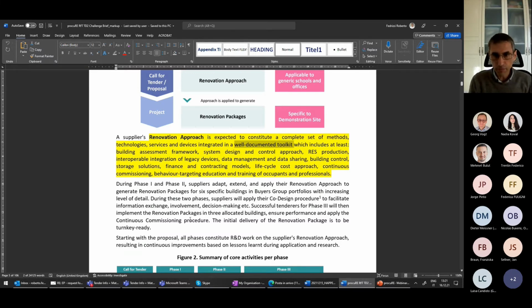So how the design is tackled, how renewable energy sources production, storage, and utilization is undertaken, how monitoring and control is performed, and so on. How financing is provided, all to go through the investment that is going to follow up with the retrofit. So this is the renovation approach.